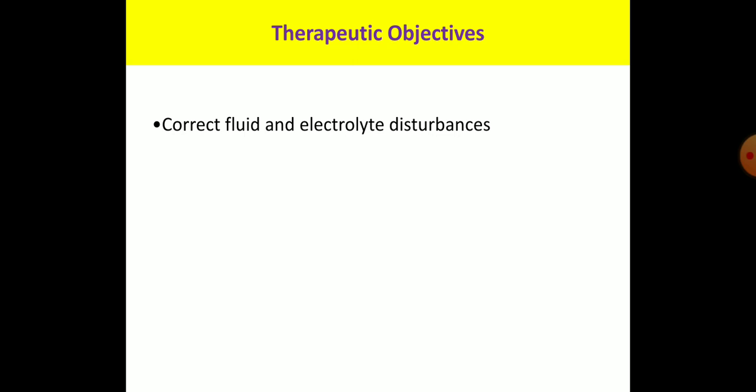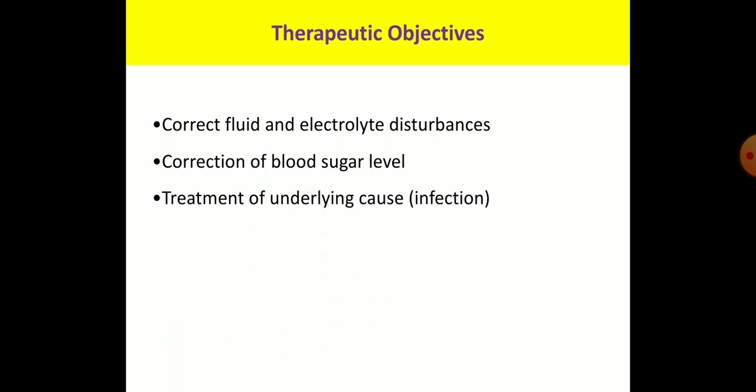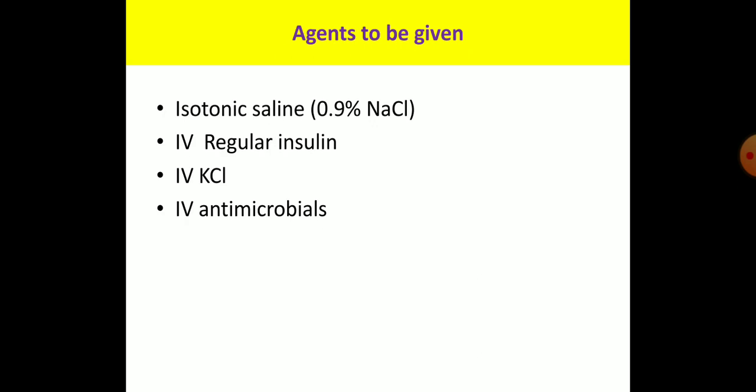The most common cause is infection, and next is to prevent recurrence. So patient education. So correction of the fluid and the electrolytes, correction of the blood sugar, treatment of the underlying cause, that is mainly infection, and educate the patients for prevention of recurrence.